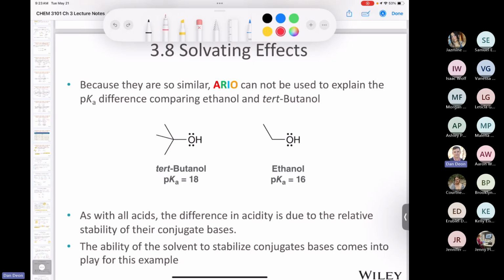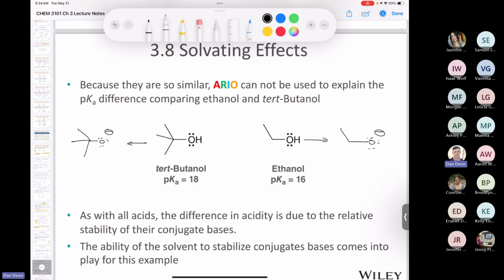So in that case, what do we do? Let's take a look at the conjugate bases. The conjugate base here is going to look something like this, and the conjugate base here is going to look something like this. So how do we justify that ethanol is 100 times more acidic?